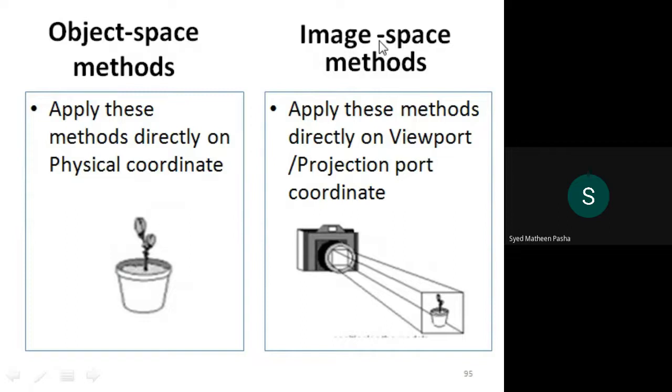Whereas for image space methods, you are using some viewport from the viewer. The methods are not applied directly to the object, they are applied to the viewport, that is, the image which is taken of that particular object. So this is the comparison between the object space and image space methods.